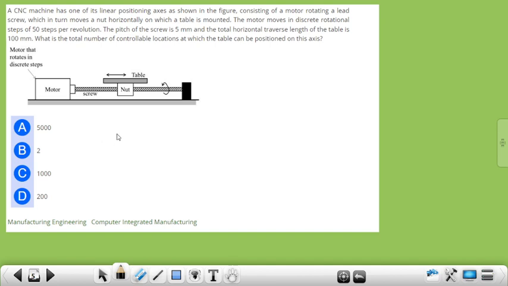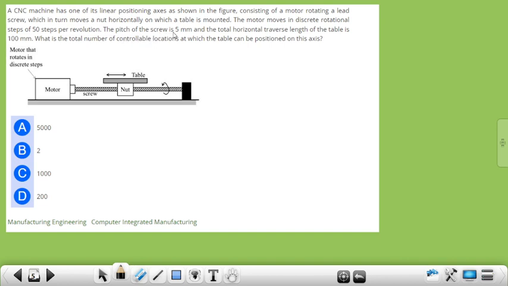Next question is: a CNC machine has one of its linear positioning axes as shown in the figure, consisting of a motor rotating a lead screw which in turn moves a nut horizontally on which the table is mounted. The motor moves in discrete rotational steps of 50 steps per revolution.